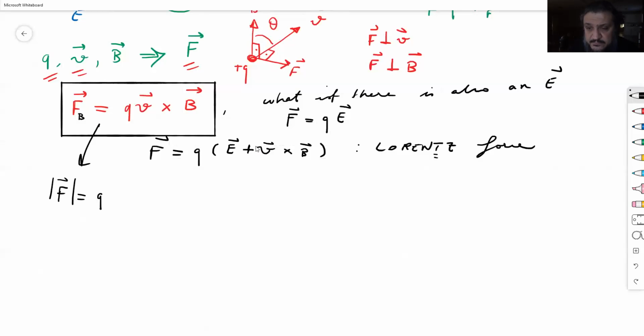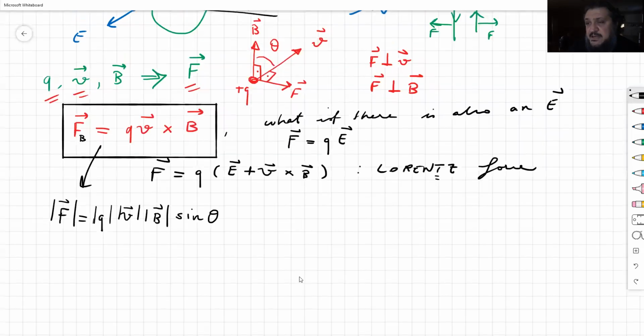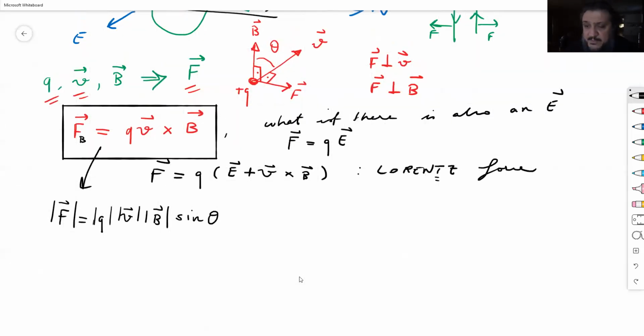So the absolute value of Q, the magnitude of V times magnitude of B times the sine of the angle between the vectors V and B. In particular, if theta is 90 degrees, sine 90 is 1.